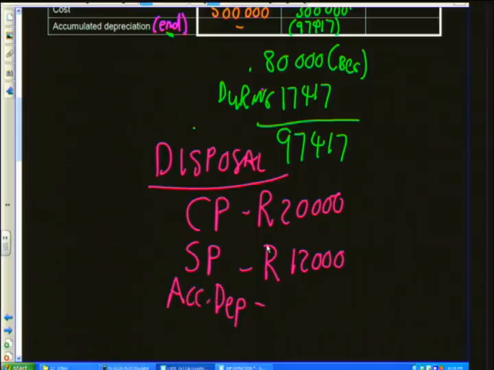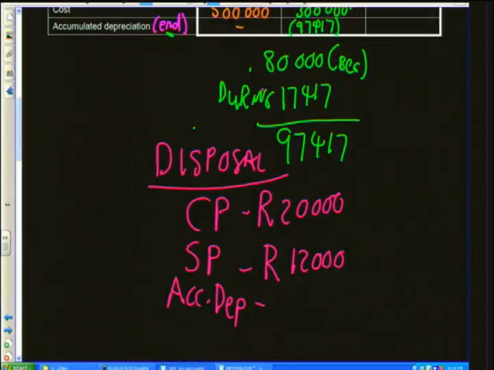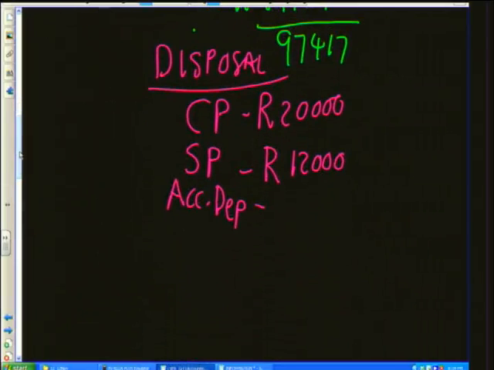Okay, so if we go to our information again, the accumulated depreciation on the 1st of July 2013 was 10,000. Okay, so let's put that through. Accumulated depreciation, an amount of 10,000. But bearing in mind, this 10,000 was at the beginning of the year.